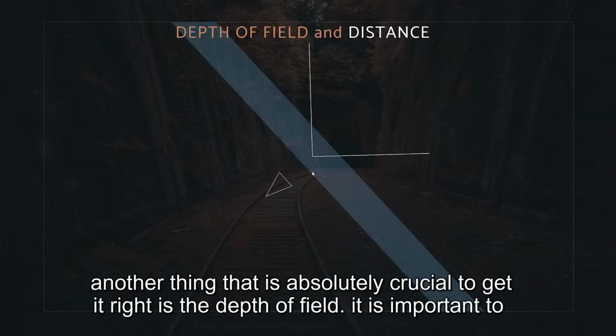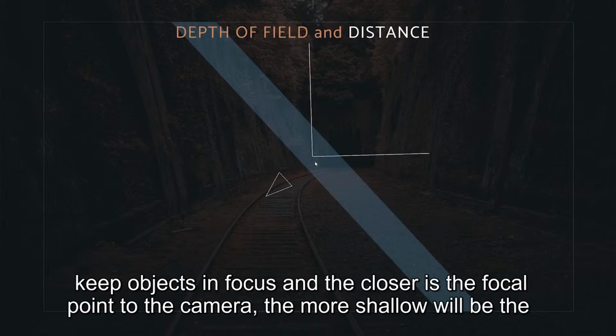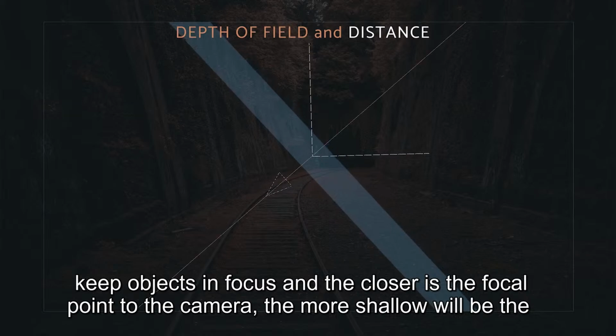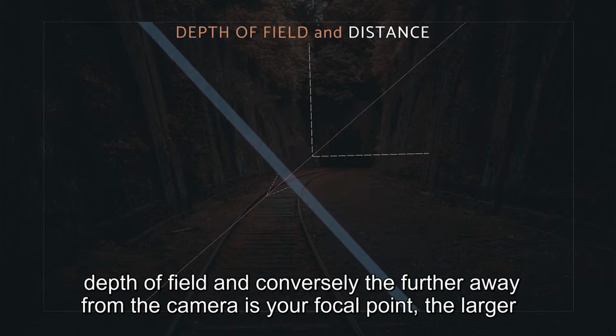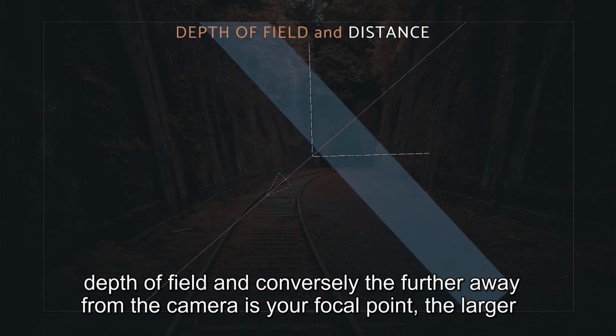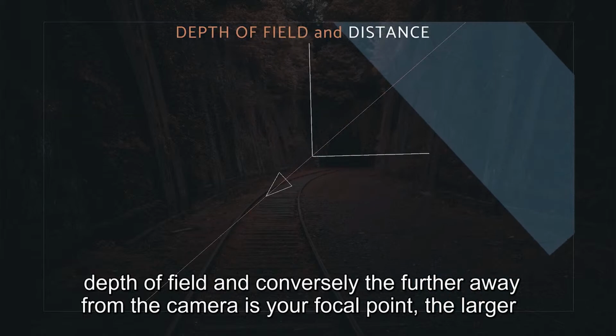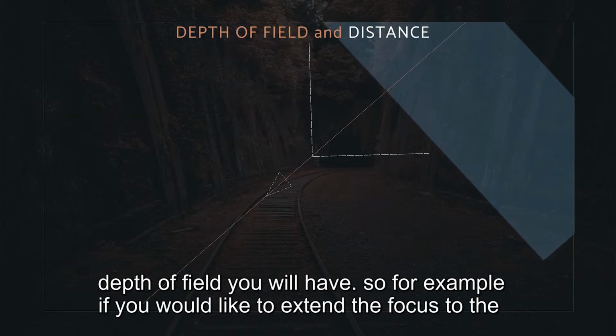Another thing that is absolutely crucial to get right is the depth of field. It is important to keep objects in focus. The closer the focal point is to the camera, the more shallow the depth of field will be. Conversely, the further away from the camera your focal point is, the larger the depth of field you will have.